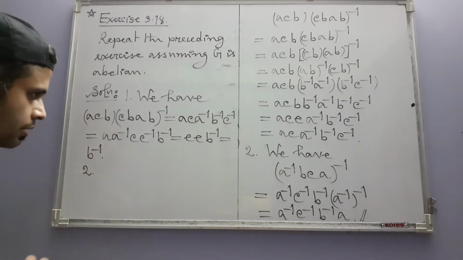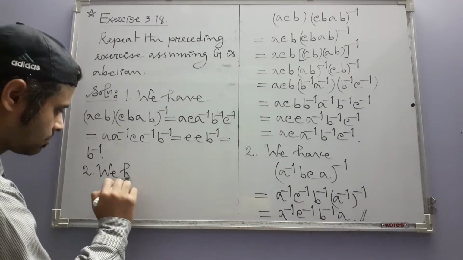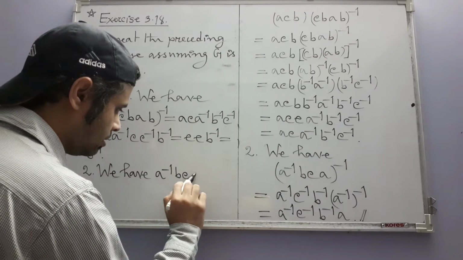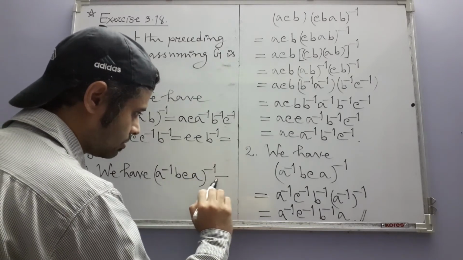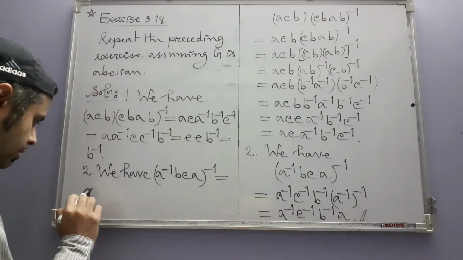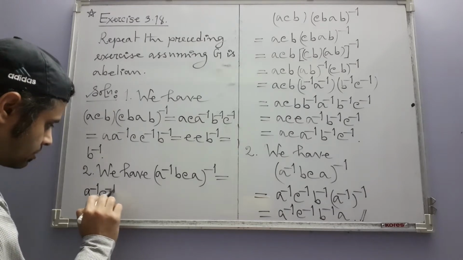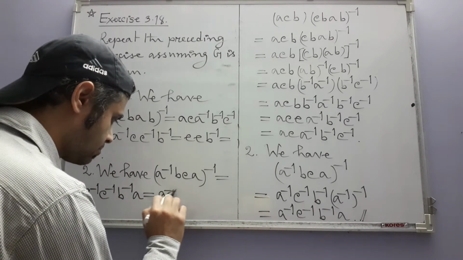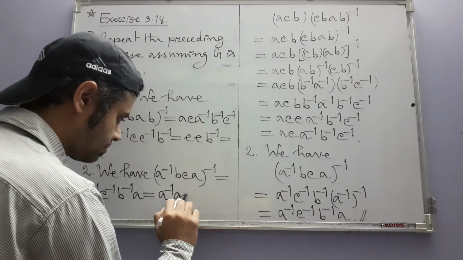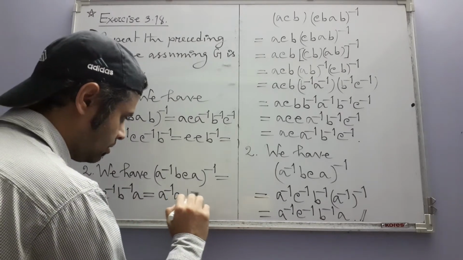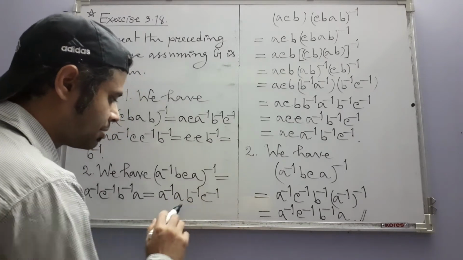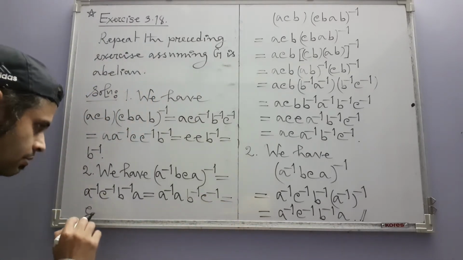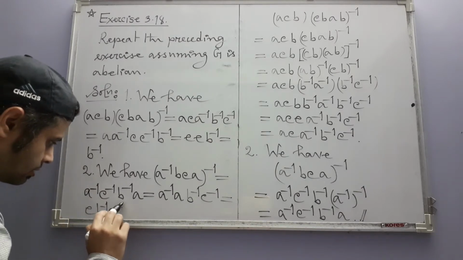Just like that, in the second part, we have A inverse B C A whole inverse equal to A inverse C inverse B inverse A, which can be written as A inverse A. If you want, you can change the order, for no reason, just simply because alphabetically B comes before C. E B inverse C inverse.